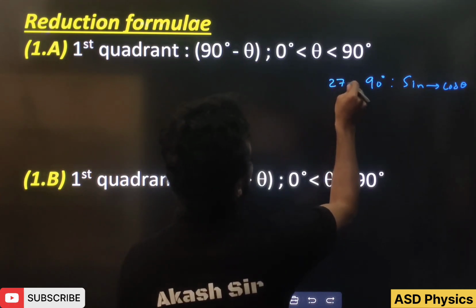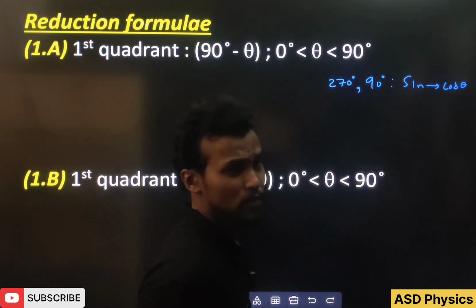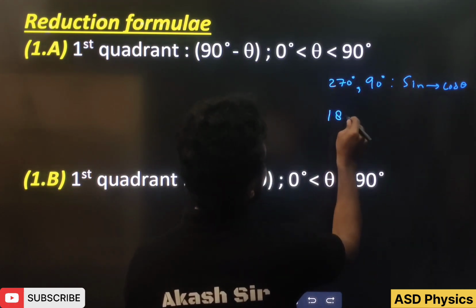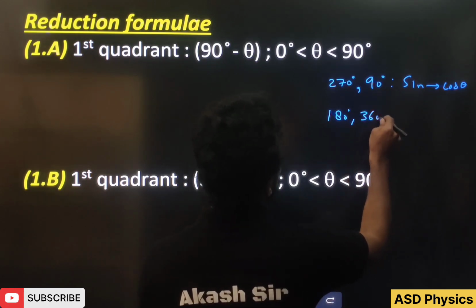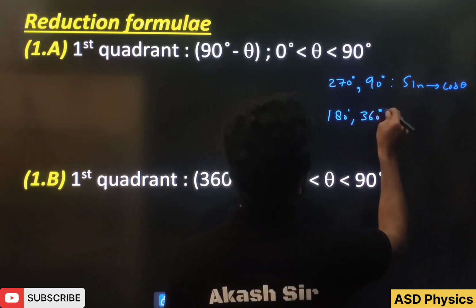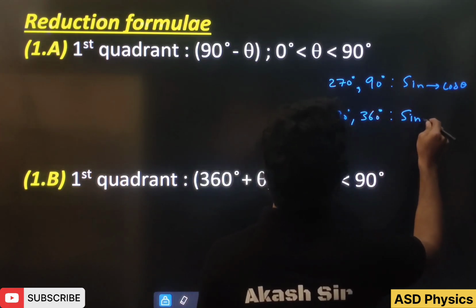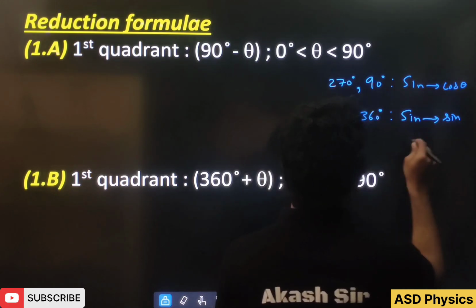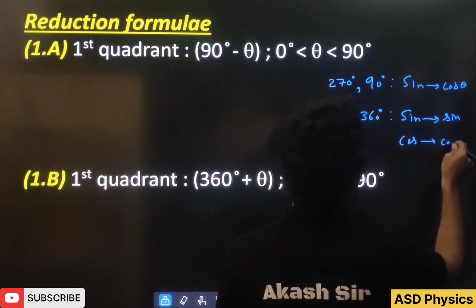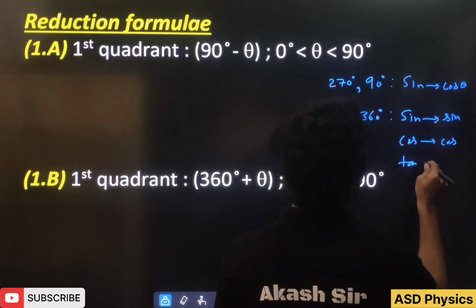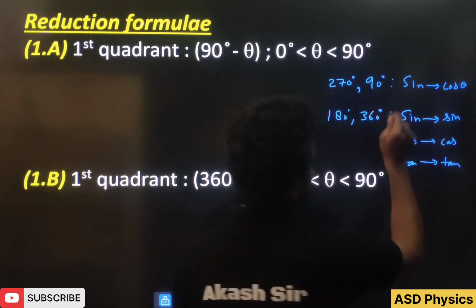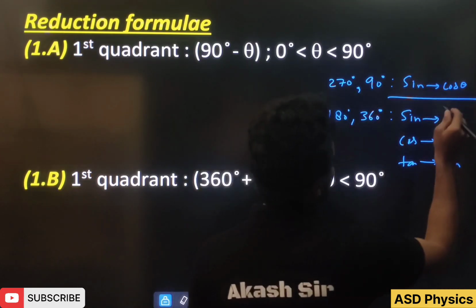You can use this for 270 degree also. If you are using 180 degree and 360 degree, the function will not change. Sine will be sine only, cos will be cos only, tan will be tan only.